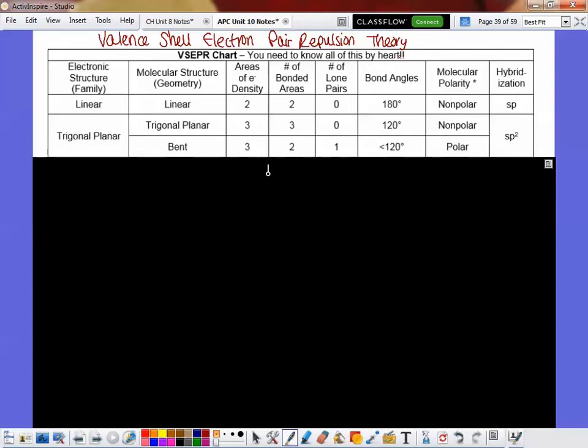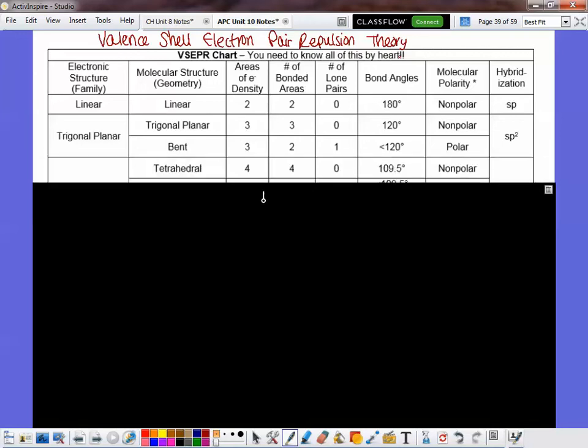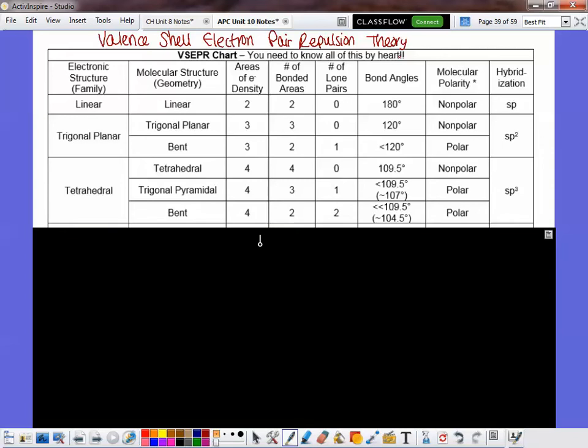The bond angles for trigonal planar geometry are 120, and for bent, it's a little less than 120. Trigonal planar is typically nonpolar. Bent is polar. And the hybridization is sp2. Again, I'll talk about what hybridization means later. For right now, I just want you to fill this stuff in. It will make a little more sense once we start talking on the next page.